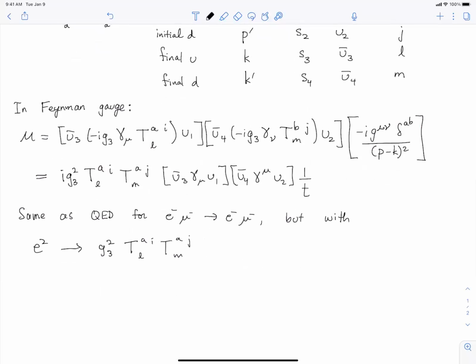Okay, so the first thing to notice is how many different color combinations are there? There are 3 times 3 times 3 times 3, so 3 to the 4th equals 81 possible color combinations.